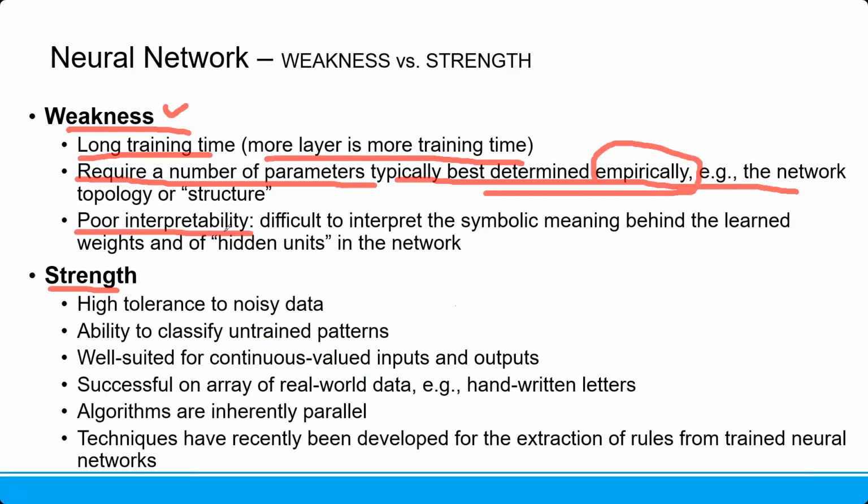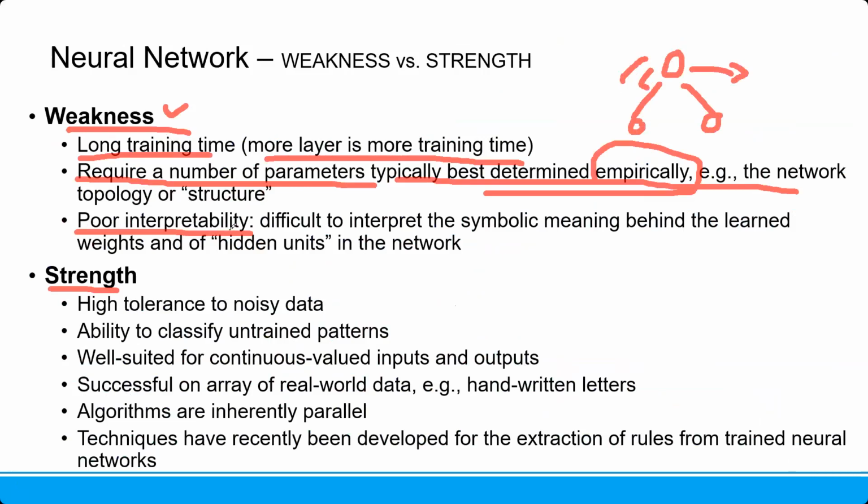We cannot explain the model. If you use the decision tree, it is easy. When you have this decision tree, I know that if the x is less than 30, it goes to the left. If the x is higher than 30, it goes to the right. But in the neural network, there is no way to explain.